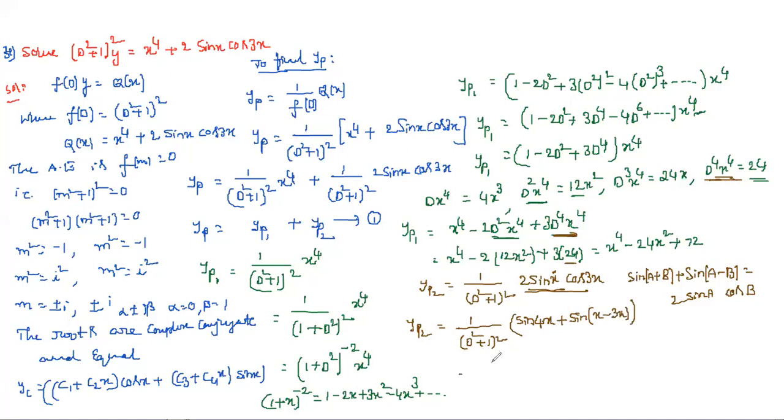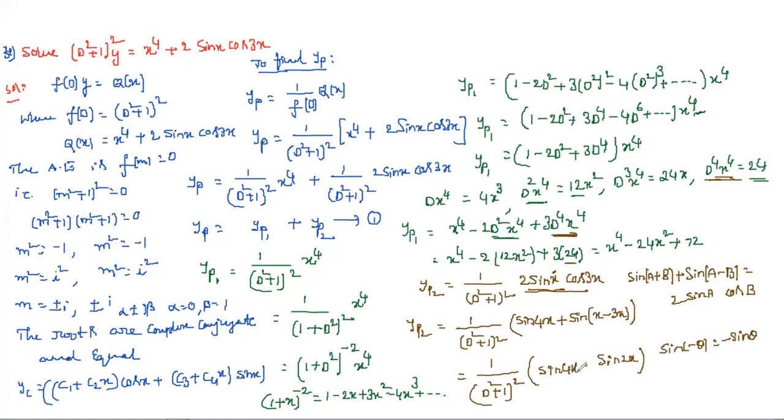So this is equal to 1 by (D^2 + 1)^2 into sin 4x minus sin 2x. Why? Because x minus 3x is minus 2x, and sine of minus theta is minus sine theta, so minus sin 2x. Now we need to simplify this.